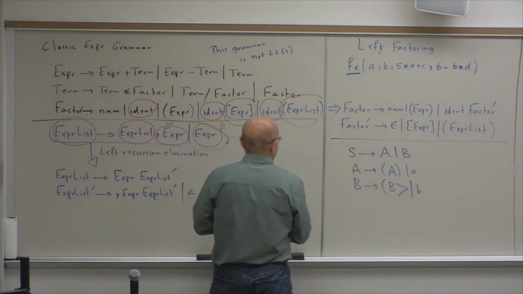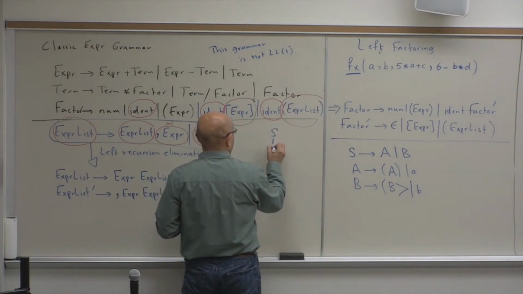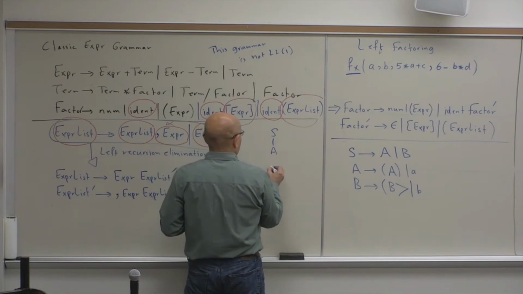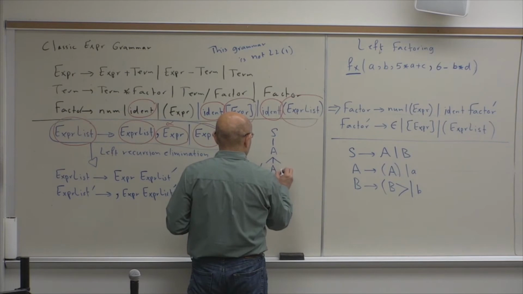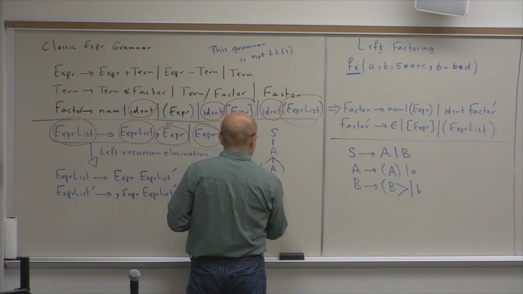how do you derive from this? So you derive S is either A or B, and then when it's A, you can keep doing A in parentheses.